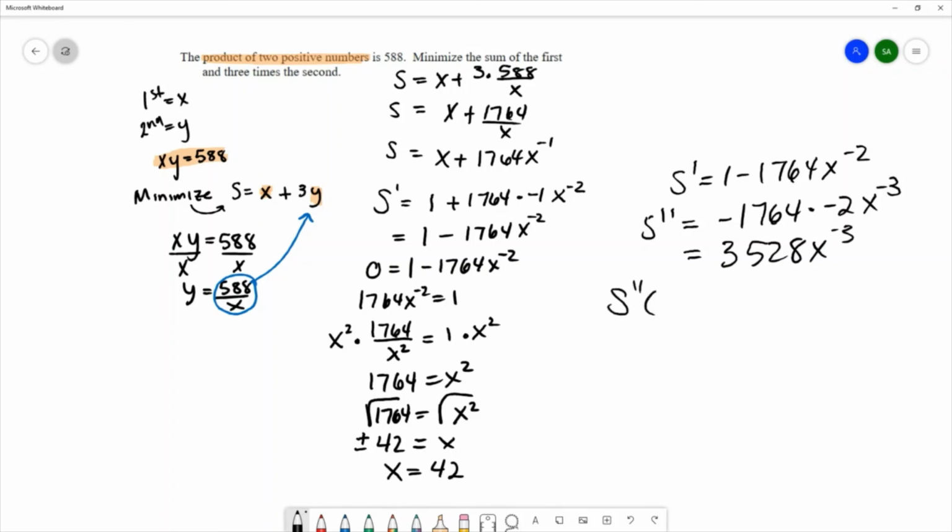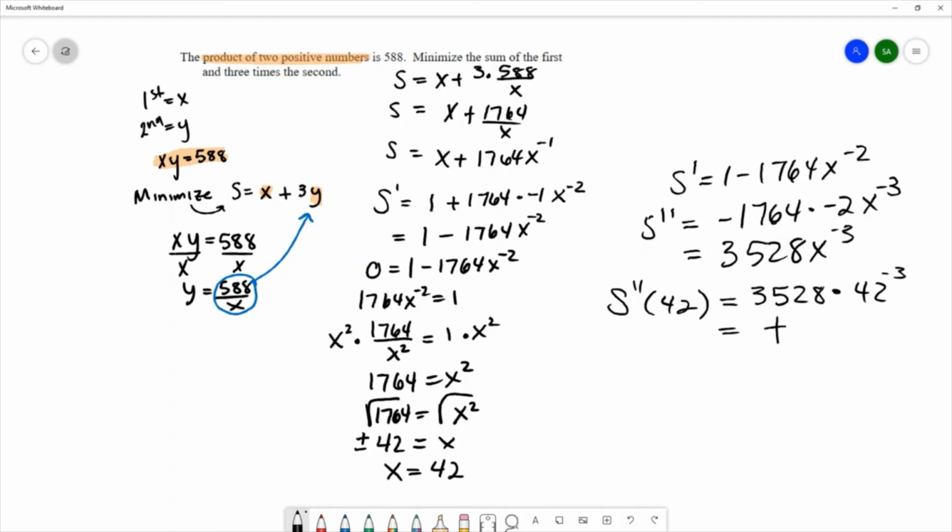And I'm going to test that value of 42 into the second derivative. So we get 3,528 times 42 to the negative 3. This is a positive times a positive, and so we get a positive value.